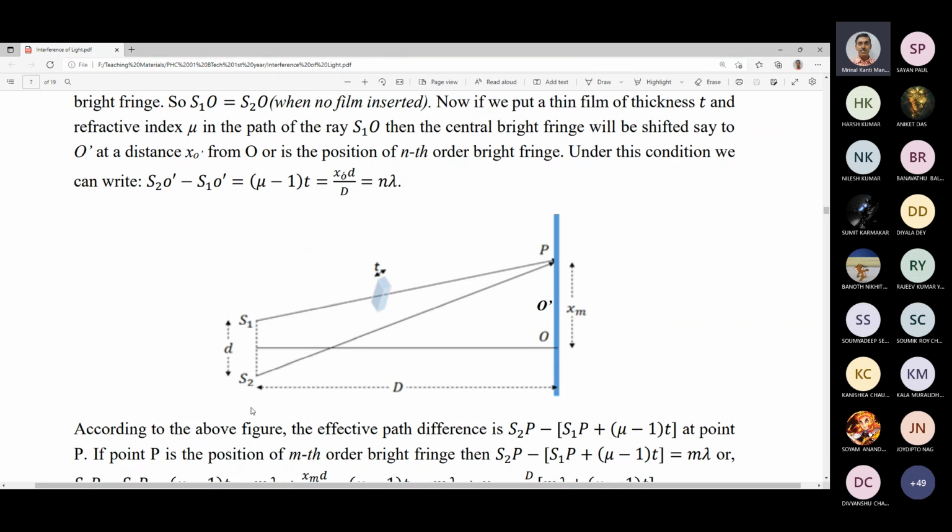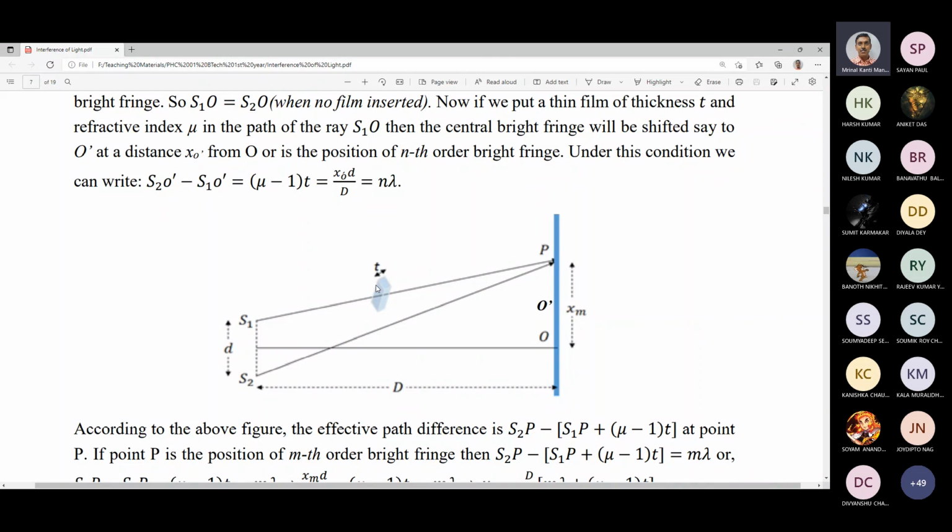Right, now we can write S2O prime and S1O prime, which indicate the extra path here. The extra path means the thickness of the film is t and the refractive index is mu.